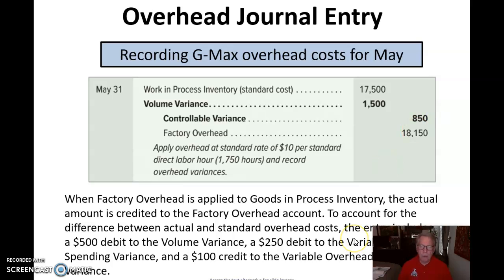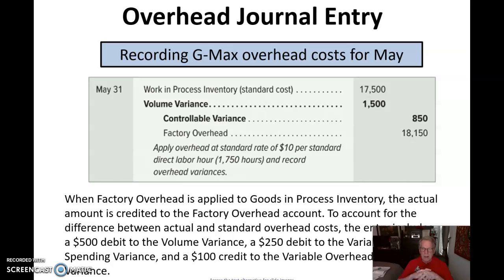Okay, so when factory overhead is applied to work in process or goods in process, the actual amount is credited to the factory overhead account.